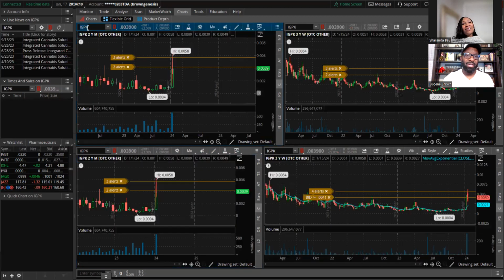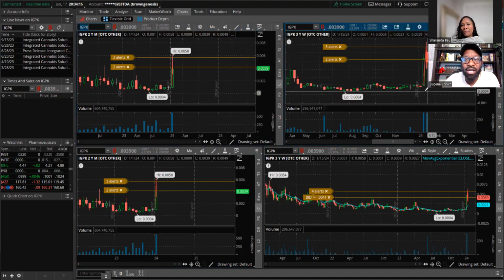But if you're looking for something like IGPK, waiting 4 months to get 12% when I could get, if I bought this breakout, 500% in a week and a half. That was a big breakout. It's huge.